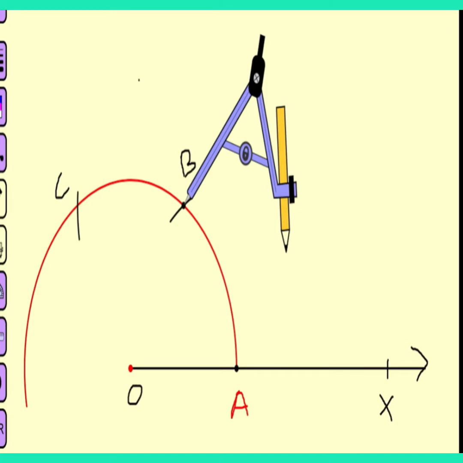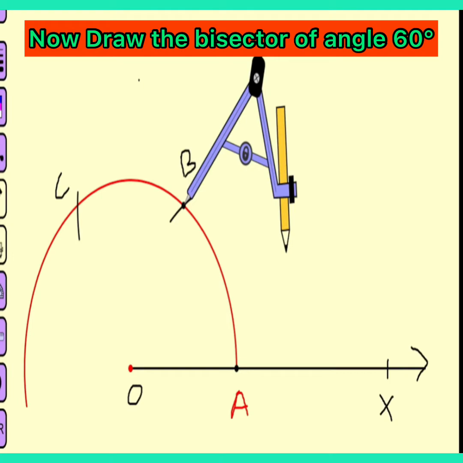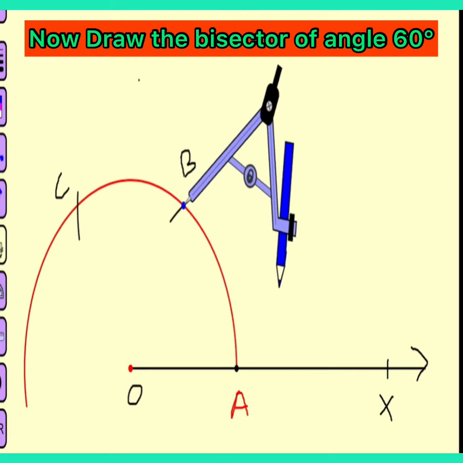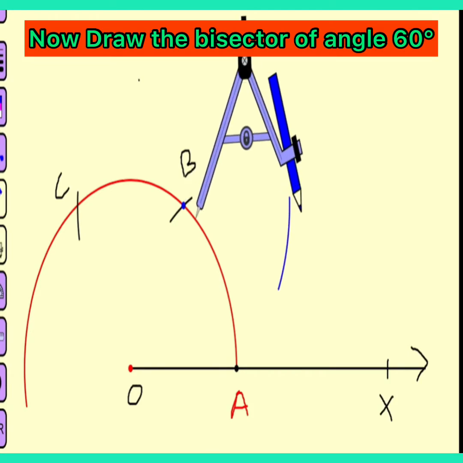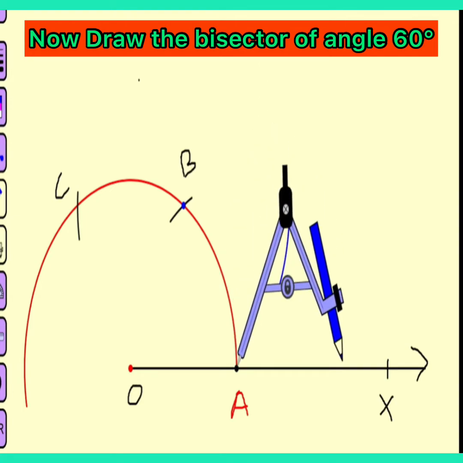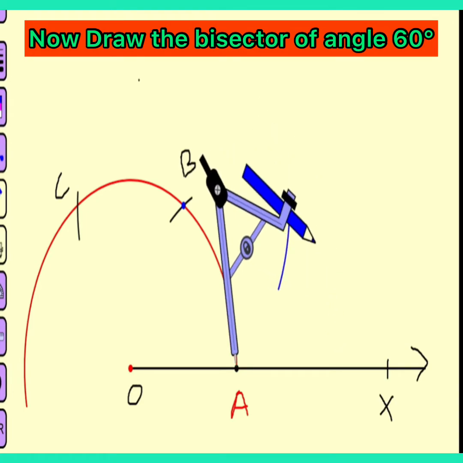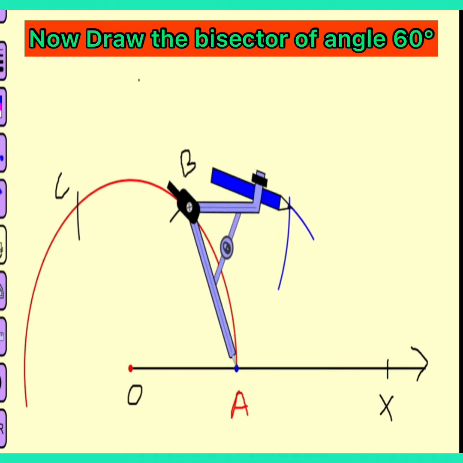So how can you draw the bisector? We will place the pointer at B and mark an arc such that you can see here, and again placing the pointer at A and once again mark another arc, just you can see here.